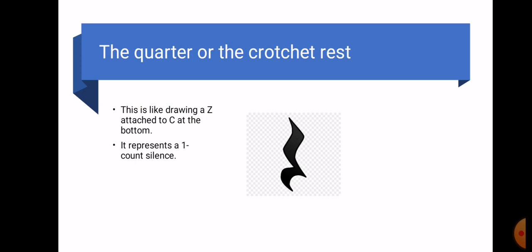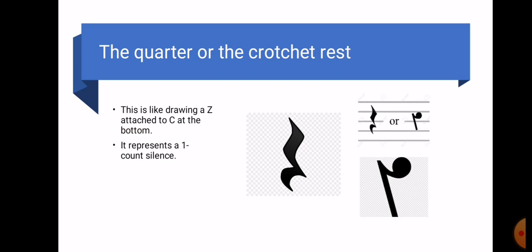It represents a 1 count silence. Just 1 beat, so you keep quiet for 1 beat. There's another form of the crotchet rest. An alternative version is like an inverted 7, a 7 facing the opposite direction. And that is how they are represented on the staff.